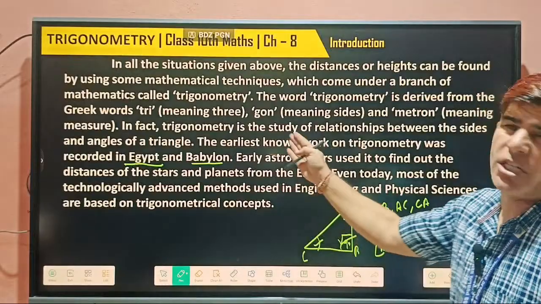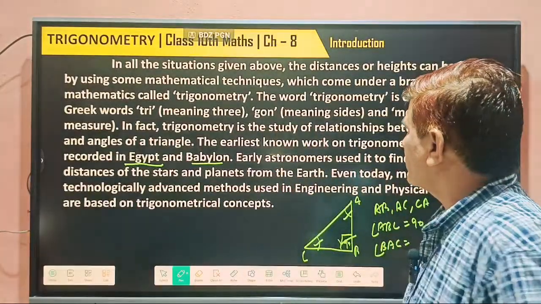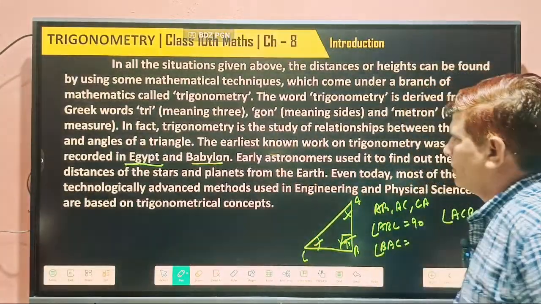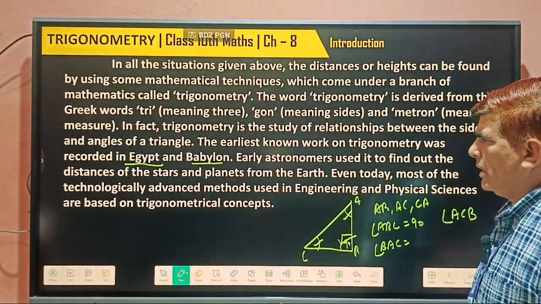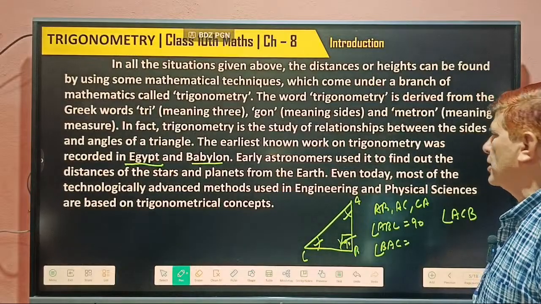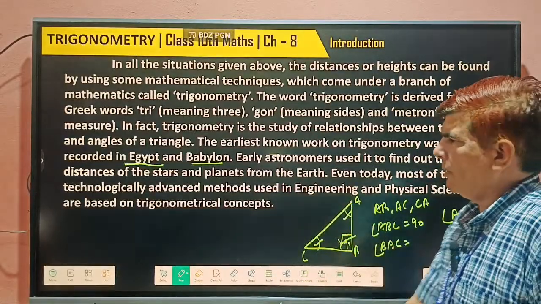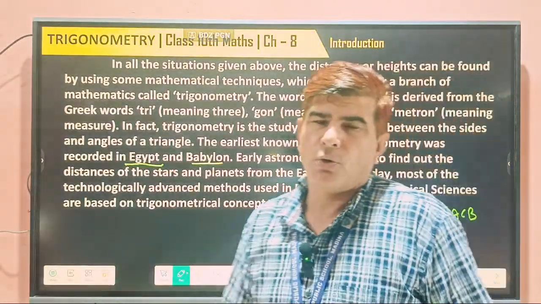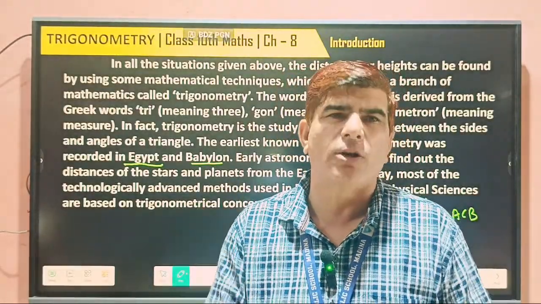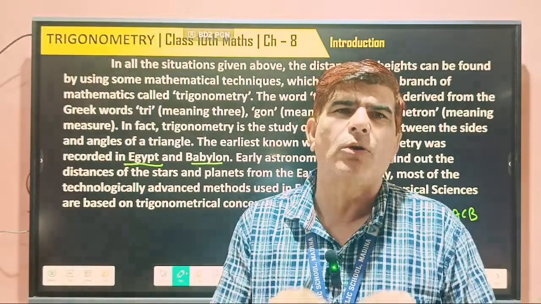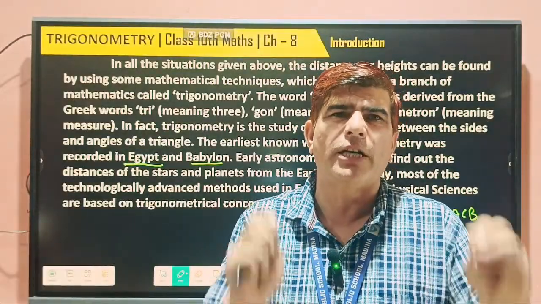Which technique? This technique, trigonometry. Even today, most of the advanced technology and methods used in engineering and physics are based on trigonometrical concepts. Today you are using different concepts, but they are definitely based on trigonometry. So this is all about the use of trigonometry in your daily life.